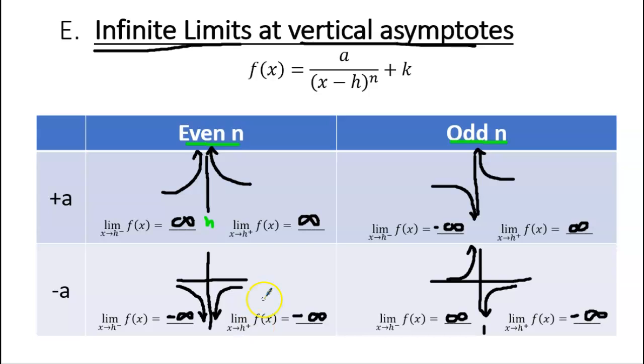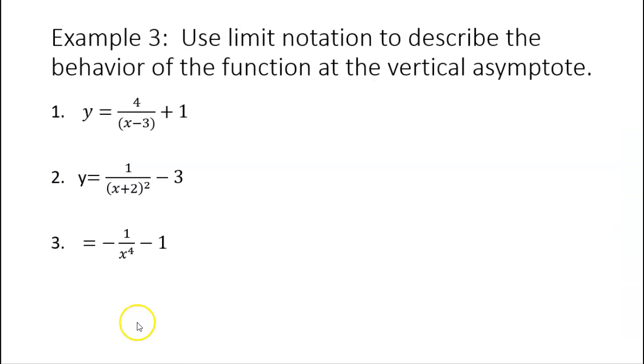Let's go ahead and see if we can describe the infinite limits at the vertical asymptotes for our functions. All right, so example 3. First of all, we have to decide what kind of shape this graph is going to have. So I have an odd power here, and it's a positive fraction.